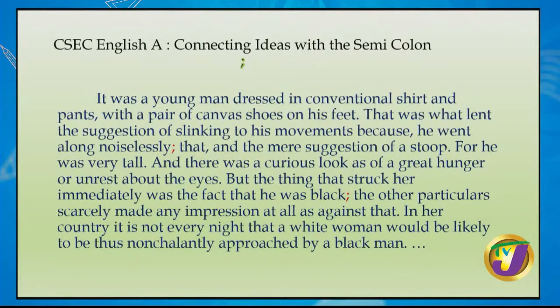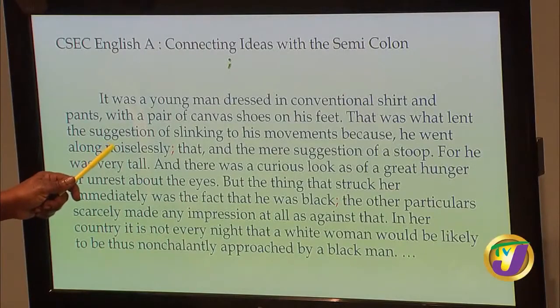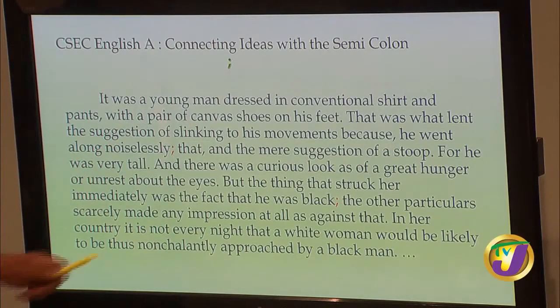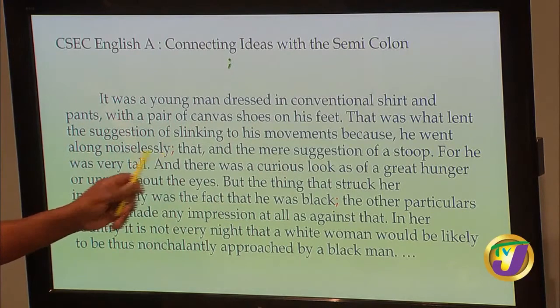All right then. So we are seeing that this sentence right here, starting with that was what lent the suggestion of slinking to his movements, because he went along noiselessly. Semicolon.